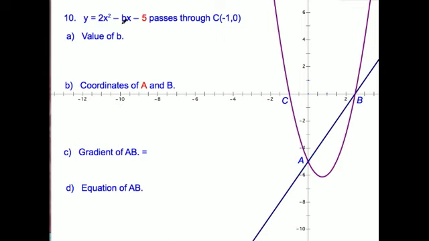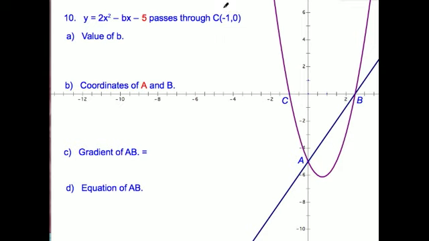In question 10, we have a graph y equals to 2x squared minus bx minus 5 passing through a point c equals to minus 1, 0. Now when a curve passes through a point, the point can be substituted into the equation in order to find the unknown b.